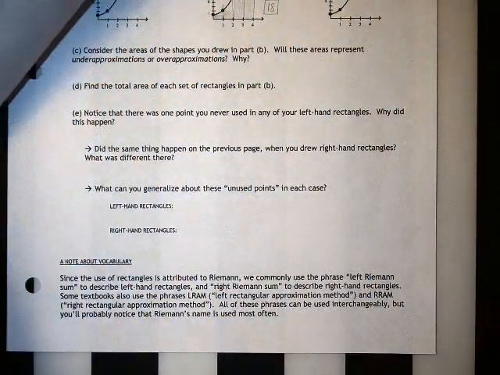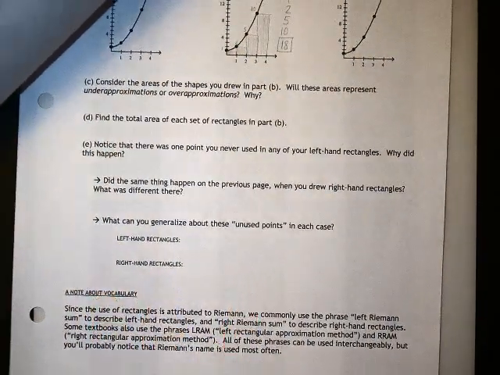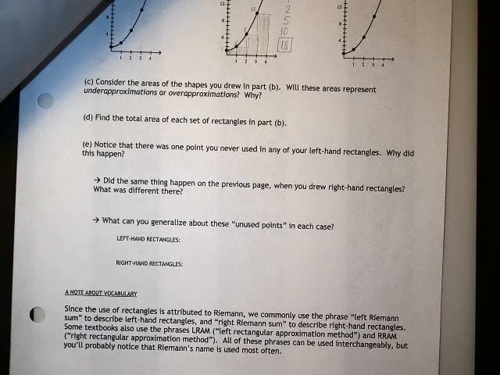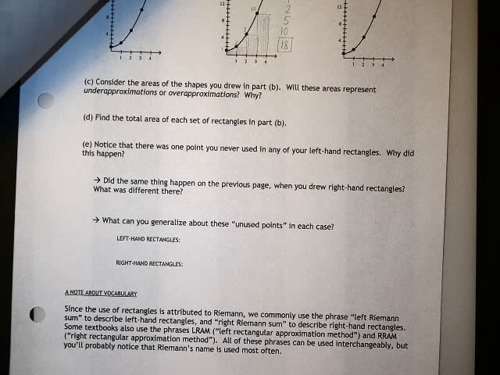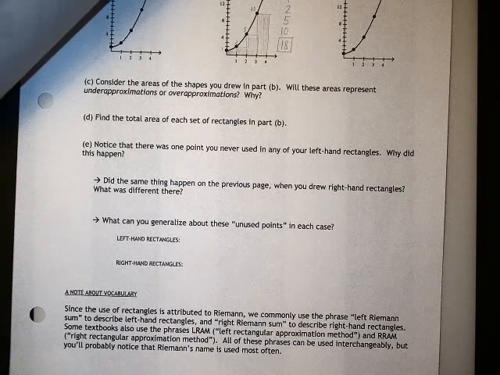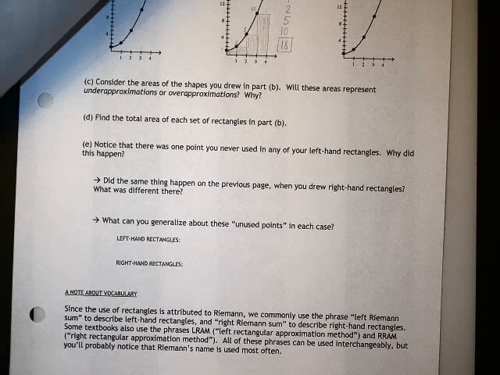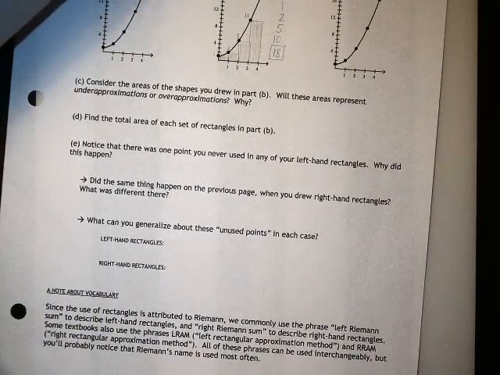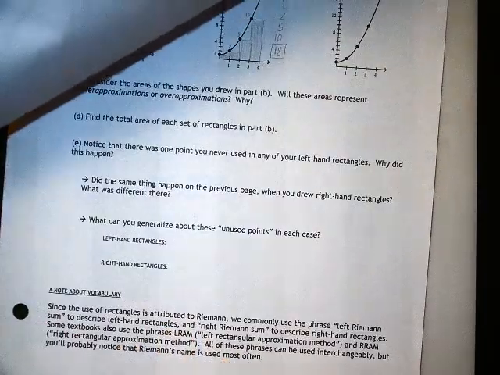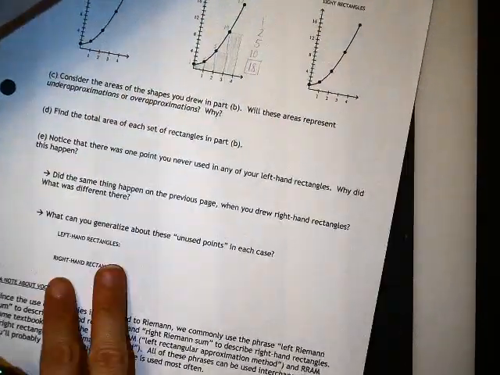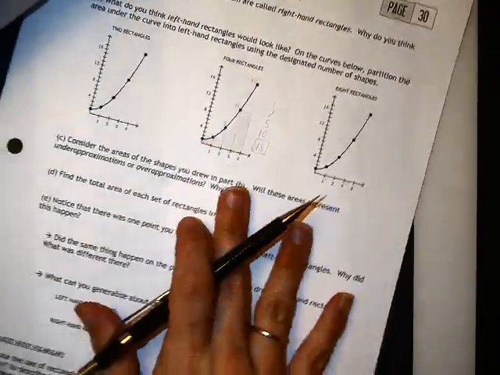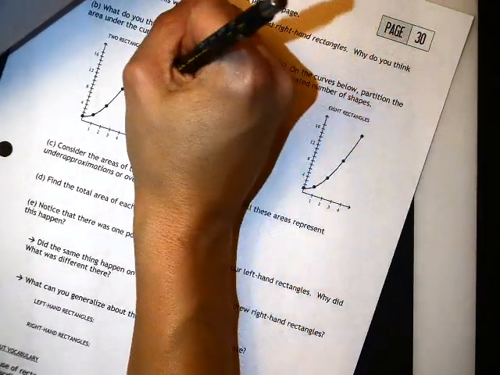By contrast, take a look at what you got on page 30. Even though I didn't write my answers, hopefully we can quickly fill them in. The first area with the 2 rectangle sum has an area of 12.